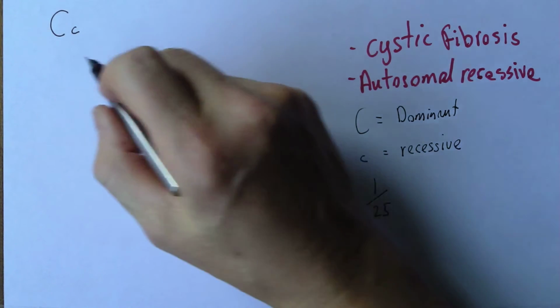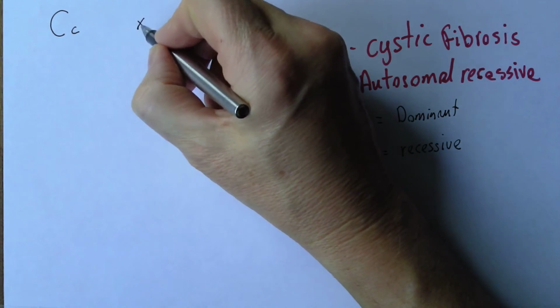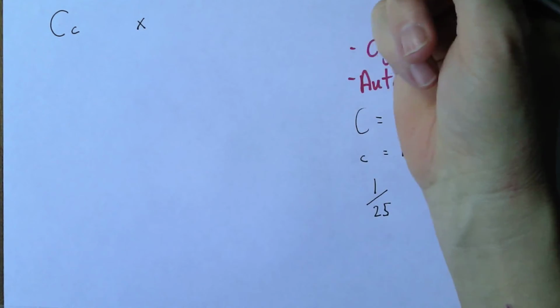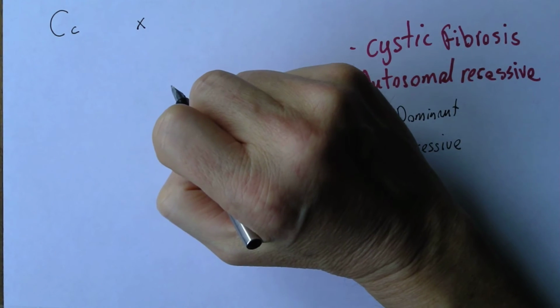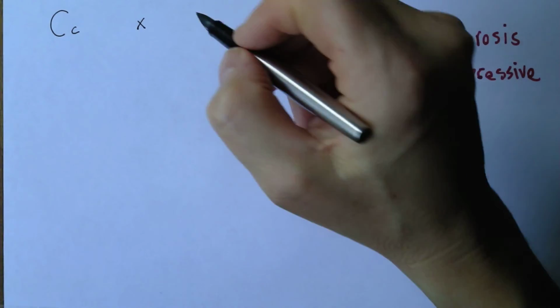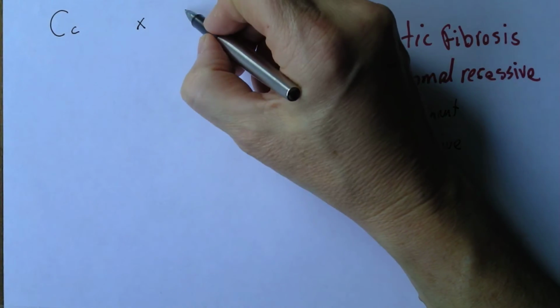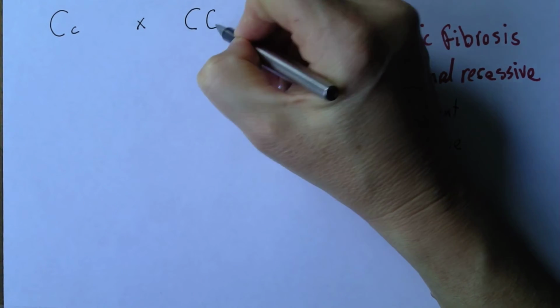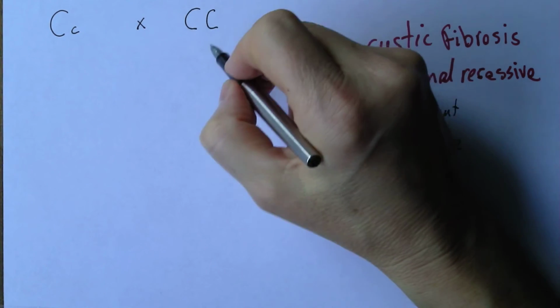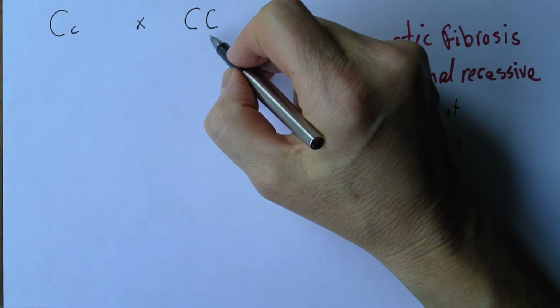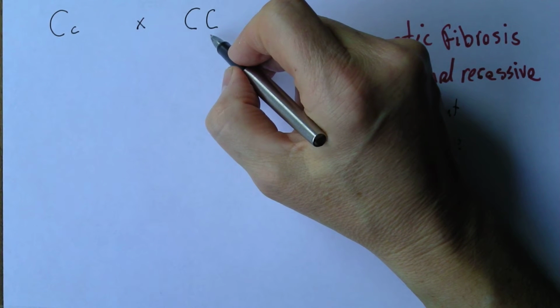So let's imagine this person wants to reproduce and they meet someone, whether it's male or female doesn't matter because it's autosomal. But let's suppose they meet someone who is big C, big C. Now this person we can see is genotypically homozygous.